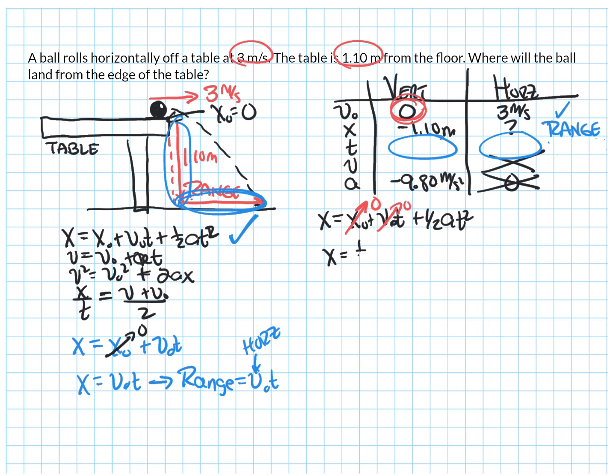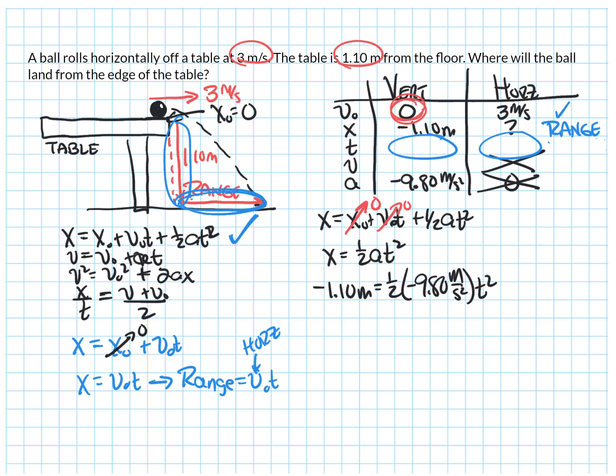X equals 1/2 acceleration times time squared. And I'm looking for the time. So I'm going to go ahead at this point and just put in my numbers. X is negative 1.10 meters. That equals 1/2 negative 9.80 meters per second squared times time squared.